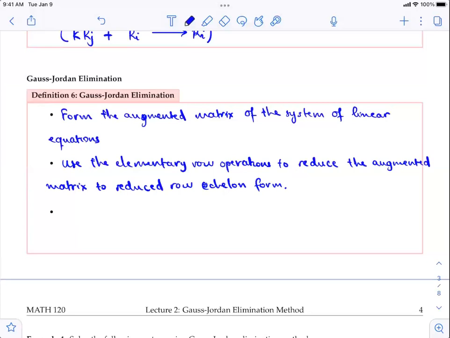And if the resulting system is consistent, then you solve for the solutions. Again, a quick reminder that a consistent system is a system that has either a unique solution or infinitely many solutions. And through some examples, we're going to see when the system has a unique solution, when it has infinitely many solutions, or when the system is inconsistent, or has no solution.